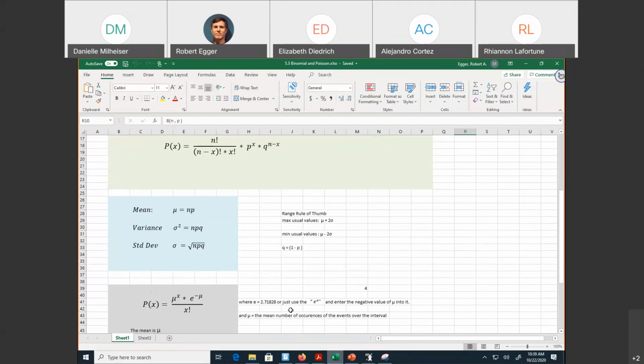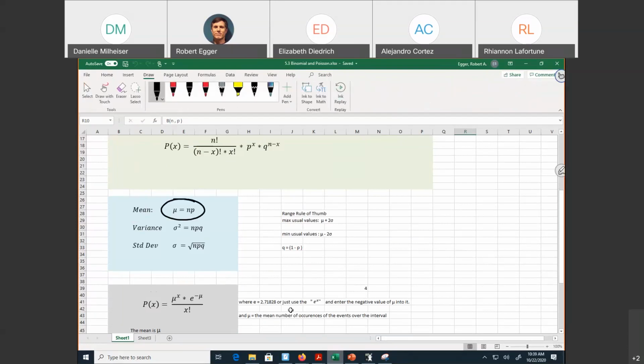So the mean is very simple. It's just the sample size times the probability of what you call success. The variance is the sample size times the probability of success times the probability of failure. And of course, the standard deviation is the square root of npq, the square root of the variance. So, it's pretty easy math.